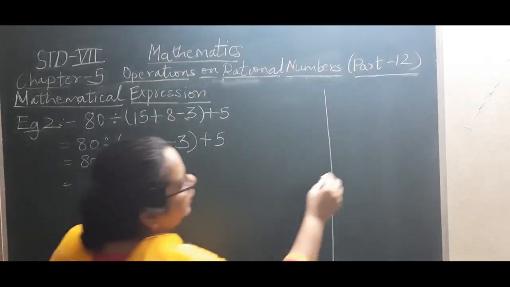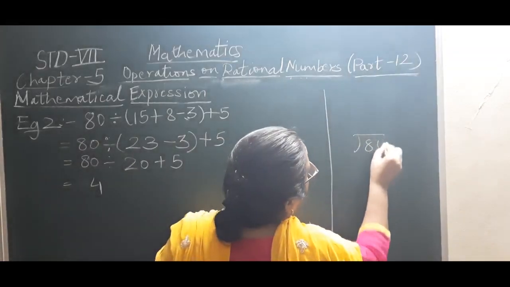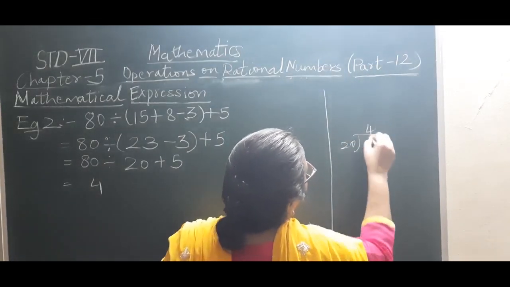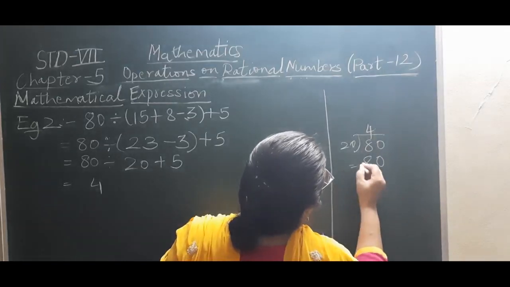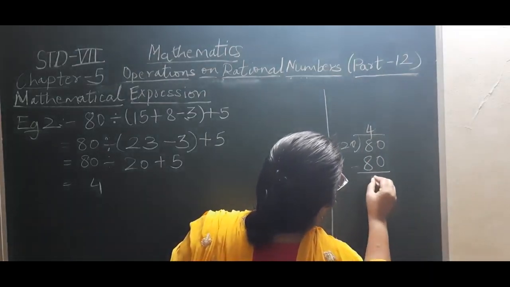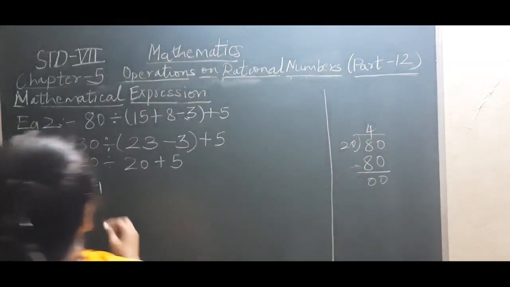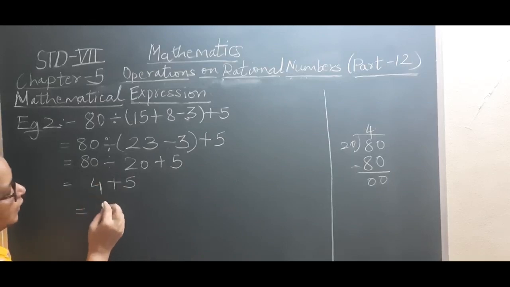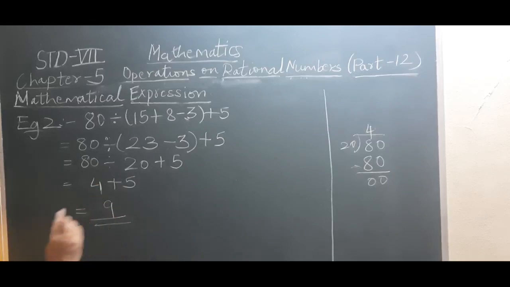Just see here children. 80 divided by 20. 4 4s are 80. So here we have got 4 plus 5. Last step is equal to 9. Your answer is 9. We have got the answer by following the BODMAS rule, that is 9.